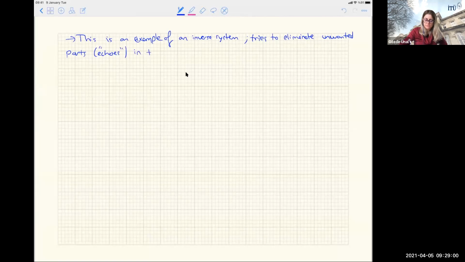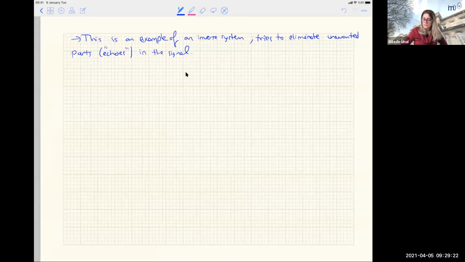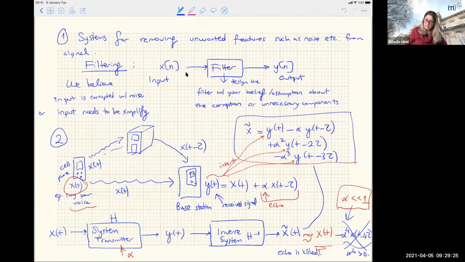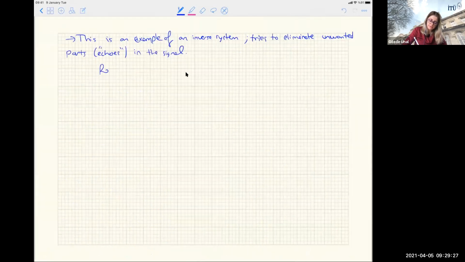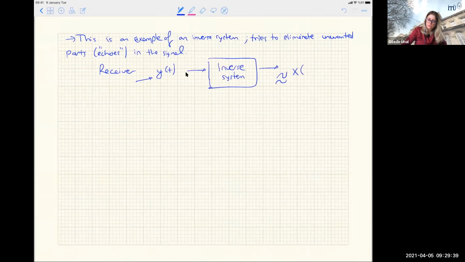So is this clear? This was the receiver part. In the receiver, the receiver takes y of t, and then the inverse system kills the echo to get almost x of t.